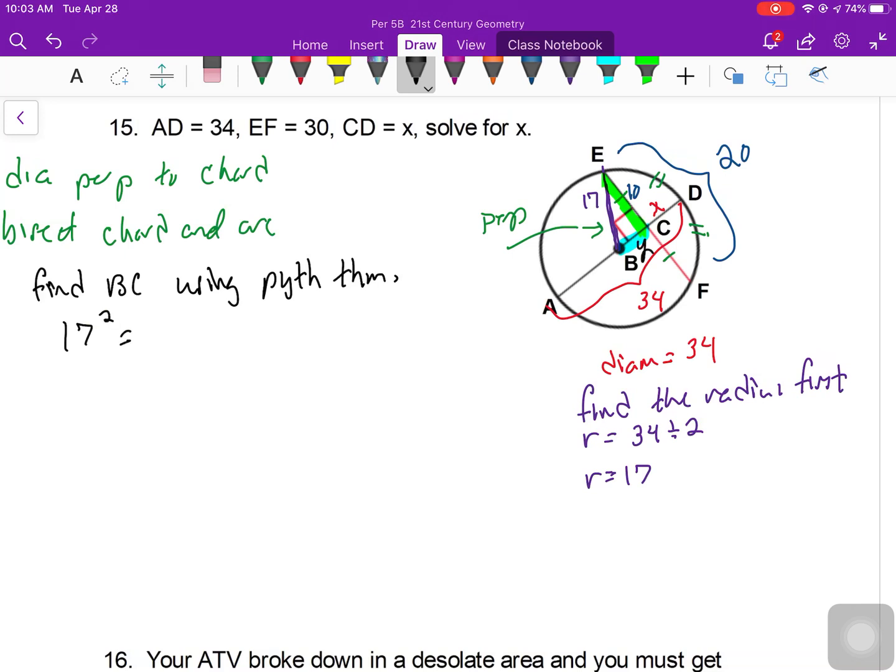I have 17 squared equals, I'm going to call that y for the time being, so y squared plus 10 squared. And 17 squared works out to be 289 equals y squared plus 100. Subtract 100.